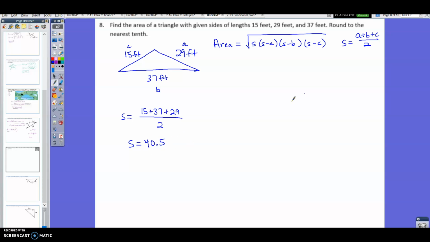So now we're going to take that value and plug it in everywhere that we have S. And for A, B, and C, we're going to plug in what we have in the triangle.